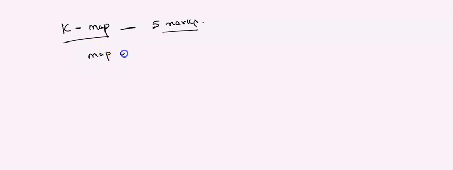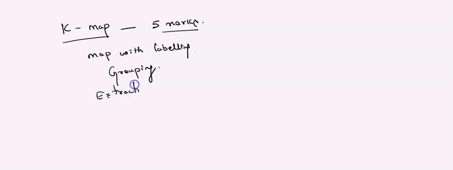Now, how are the marks distributed? First, you have to map with labeling, next do grouping, and next extraction of terms, that is reduction and output. So this carries 5 marks.